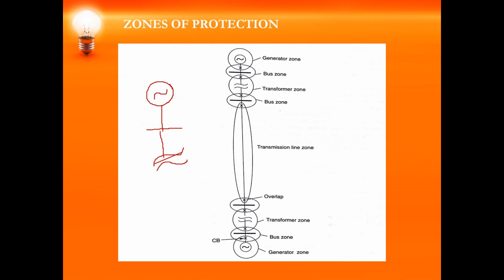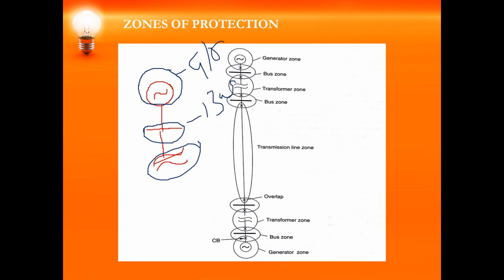Now this can be having one protection, okay, this will have a separate protection, this will have a separate protection. This is generator, this is bus bar, and this is the transformer. Now why is overlap observed between these?